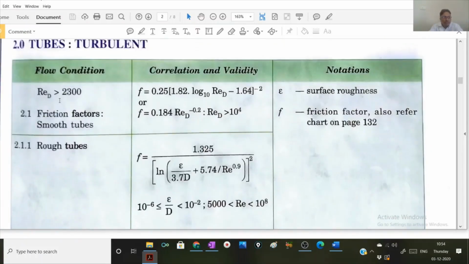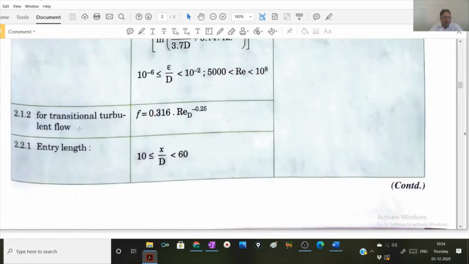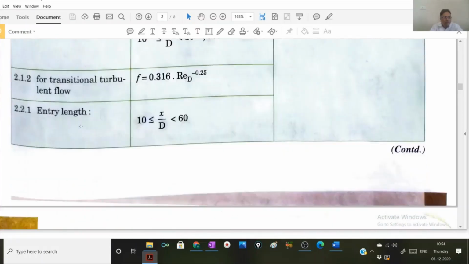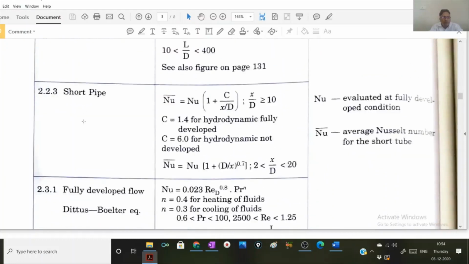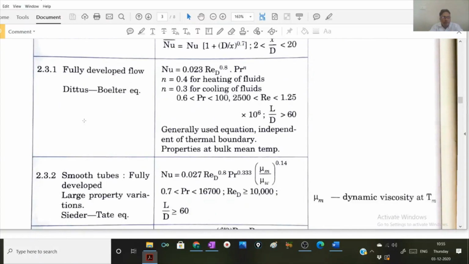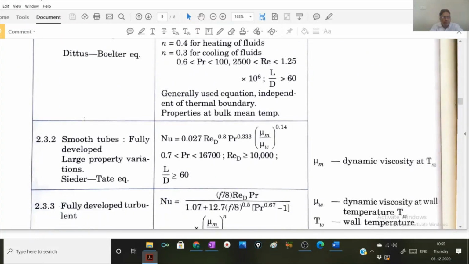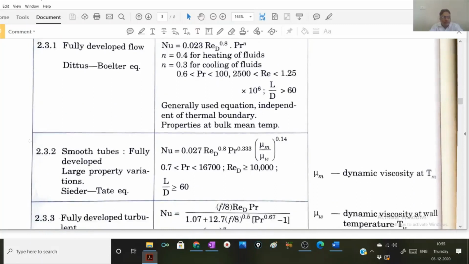So let us check one by one the formula. 2.1, 2.1.1, 2.1.2, 2.2.1, 2.2.2, 2.3.1. This could be the probable formula.